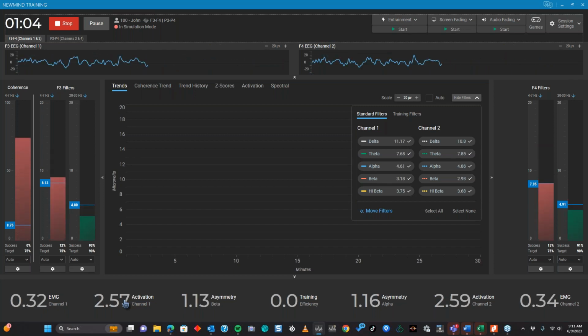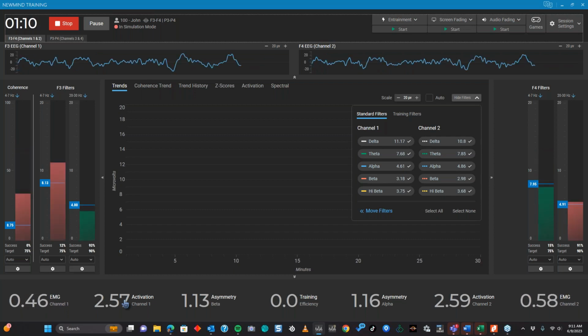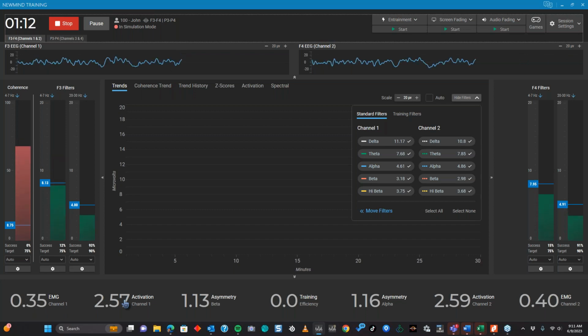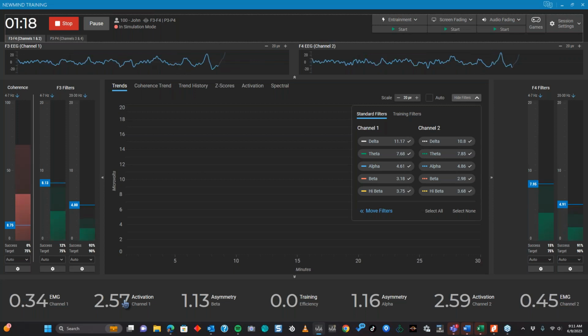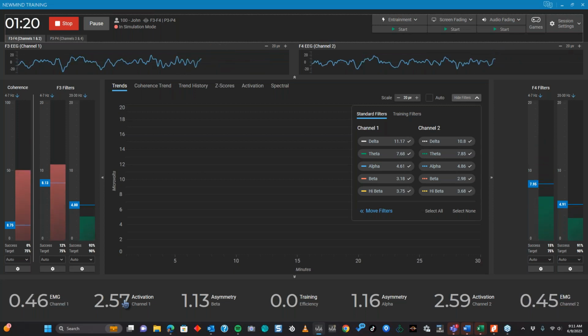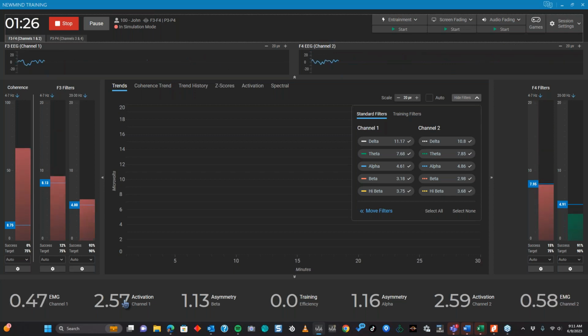Our range on activation, we're looking for our clients to ideally be within a range of 2 to 3. That's the sweet spot. Now, if they get above 3 or below 2, it's kind of awkward. It took my brain a second to wrap its head around this.